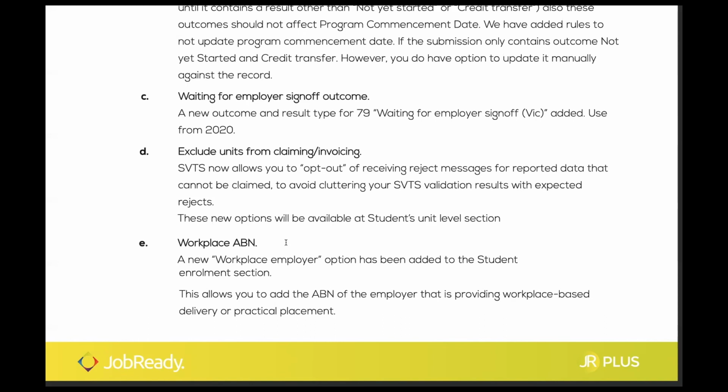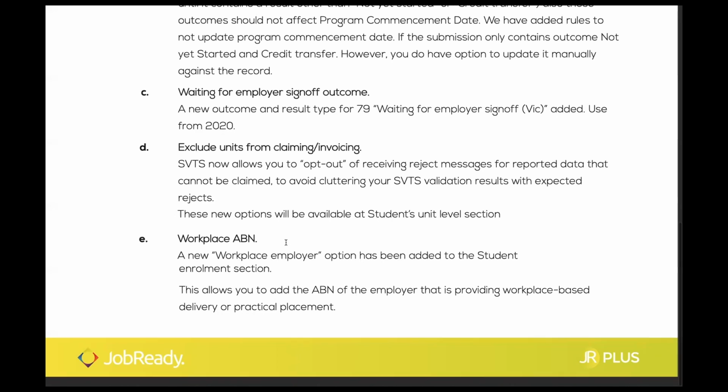It doesn't need to be managed for every unit. We have been told it has to be for the employer that was predominantly involved in the training. And a new section has been added under the student record, under the state specific section, to allow you to add this ABN. Okay, I believe these are the major ones for VIC, pretty much.